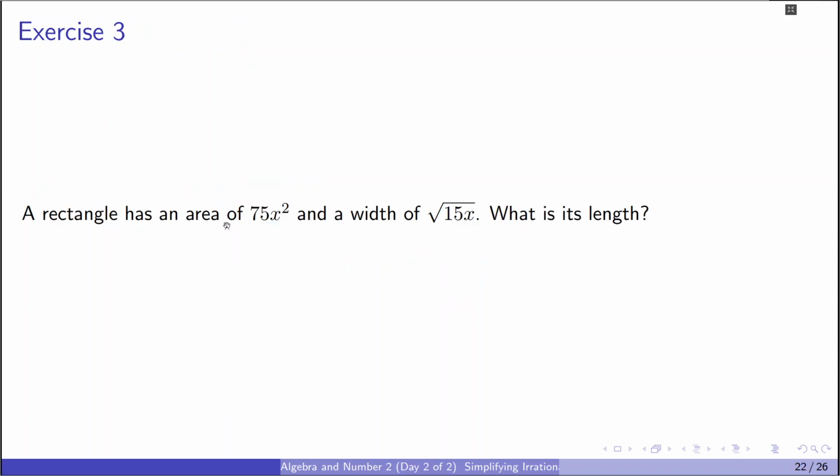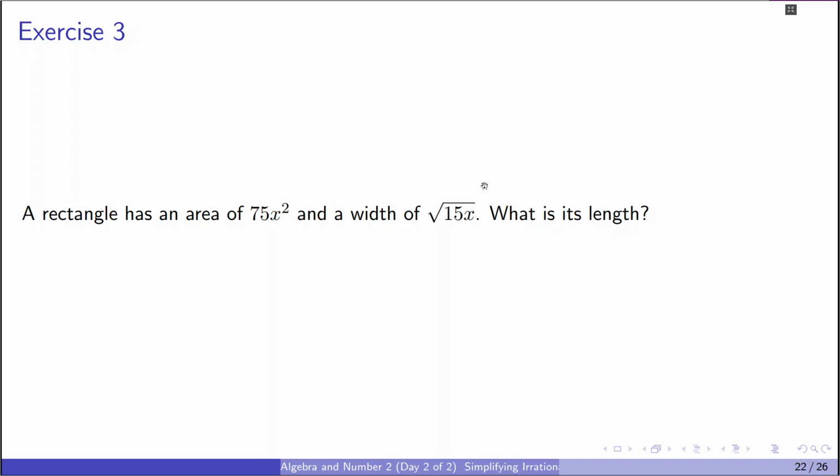Now here, a rectangle has an area of 75x squared and a width of root 15x. What is its length? Pause now, take the time you need. Remembering that area is length times width.